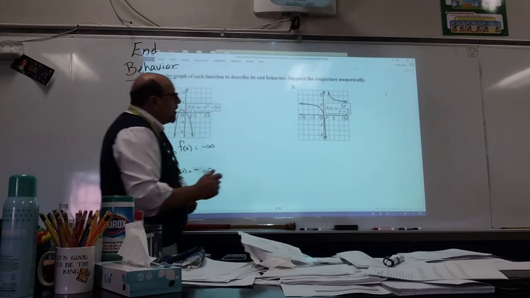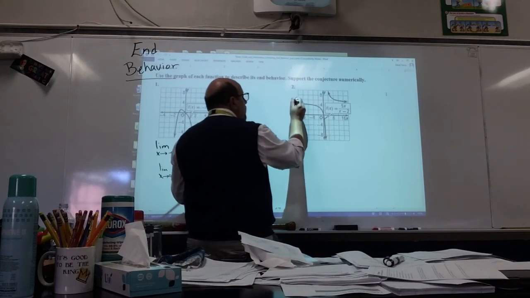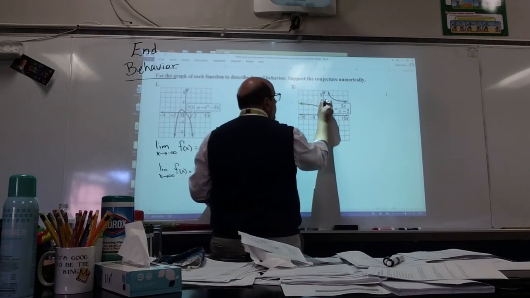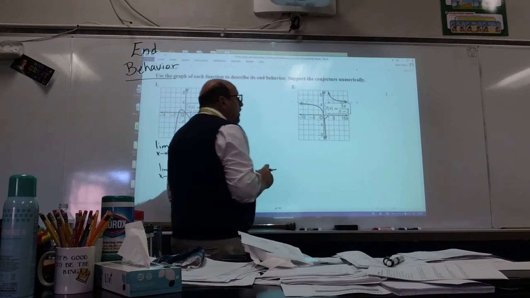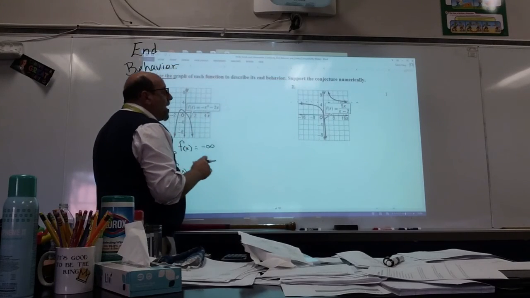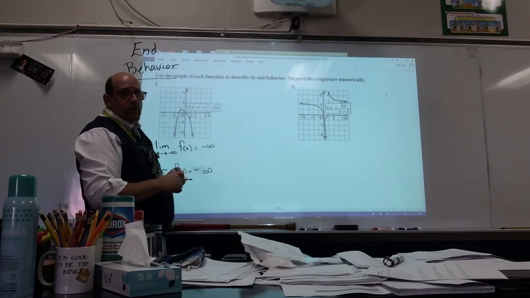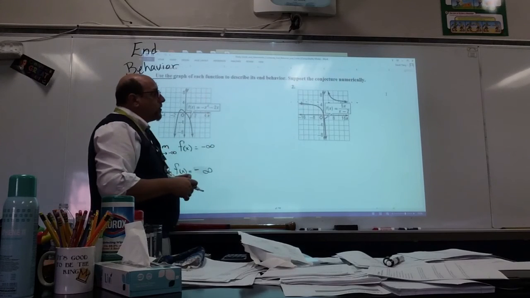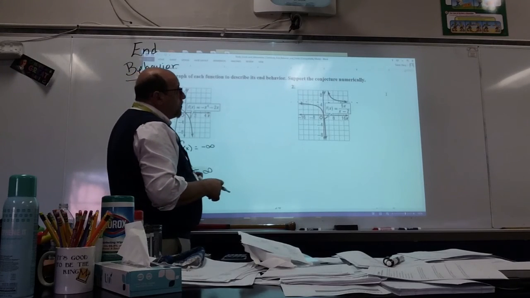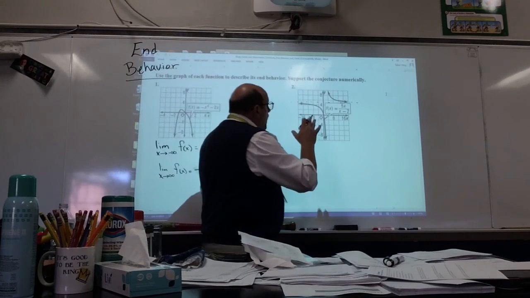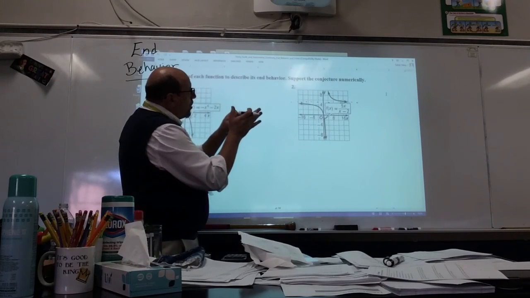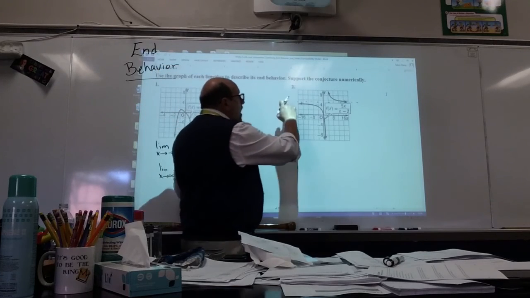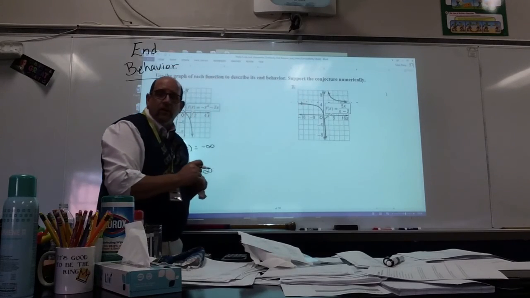Well, let's look over here. We basically have a horizontal asymptote here, and we should, right? It's never, ever going to get to 5 because we have some sort of x, and it's always going to approach 5 from either side.